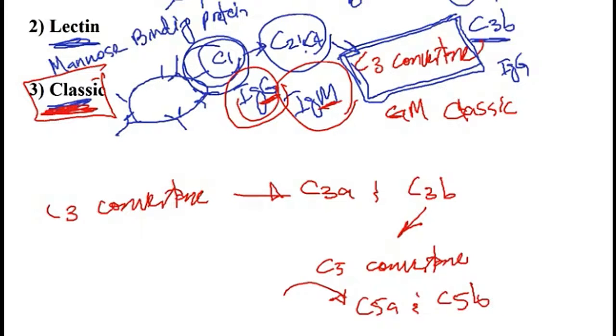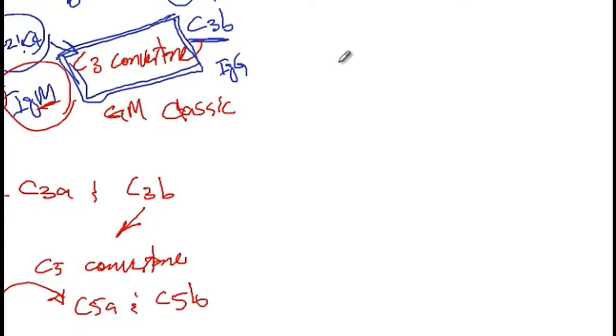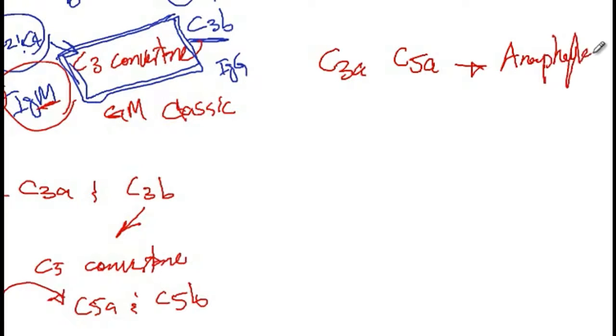So it's very important for you to know the function of each of these molecules. So let's go over that again. C3a and C5a will induce the inflammation or the anaphylaxis reaction. How you can memorize it is that C3a or C5a will lead to anaphylaxis.